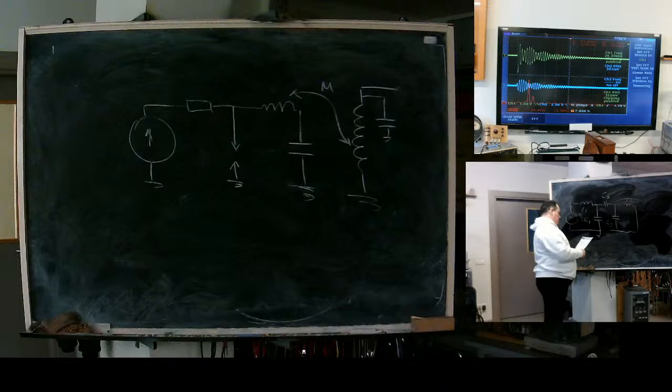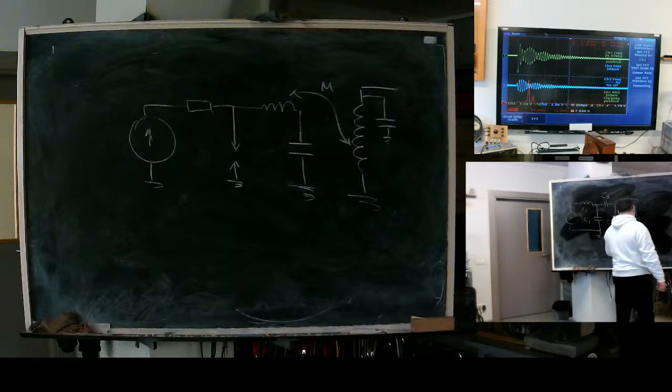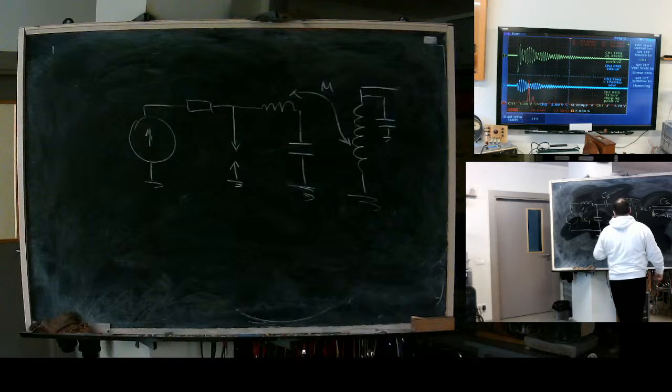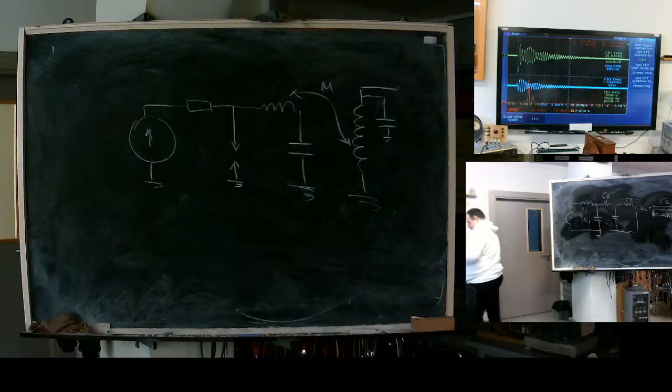For such a network, the coupling equals the side capacitor CS divided by the square root of (C1 plus CS) times (C2 plus CS). Very popular network.